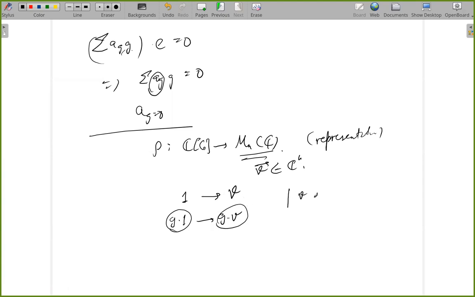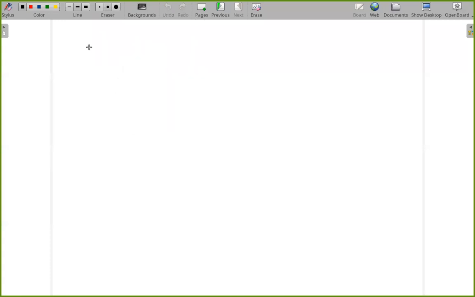If v is cyclic, this means the map is surjective. What this is telling you is that your representation is a quotient of the left regular representation. So v being cyclic implies your representation is isomorphic to a quotient.